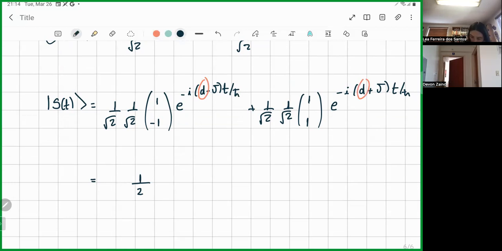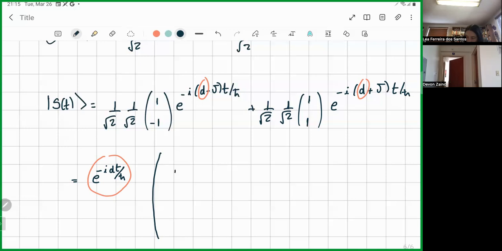So I'm going to put this whole part in front of my vector. Both terms have minus i d t over h bar. The part in red is what I'm putting in front because both terms have the same thing. And now I'm trying to write a single vector.